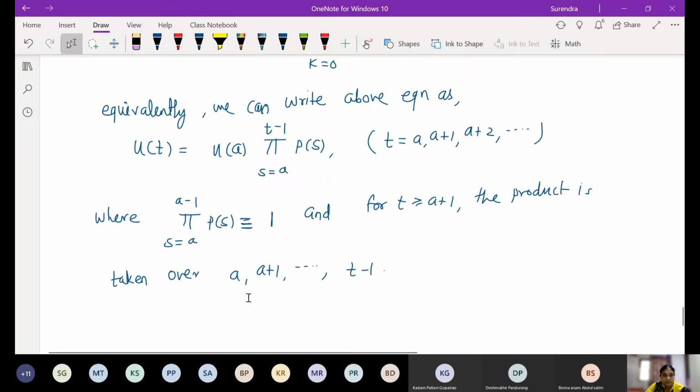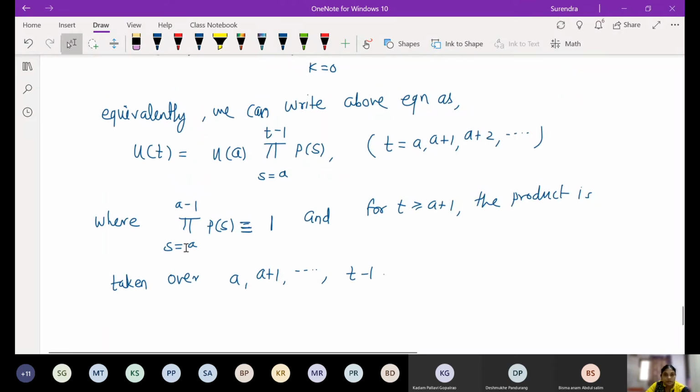Is that right? When t is equal to a, the product will be 1. And when t is greater than or equal to a plus 1, then the product will be taken over a plus 1 up to t minus 1. That is our usual product form.